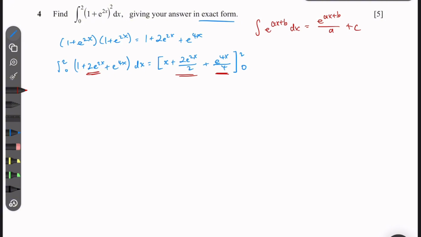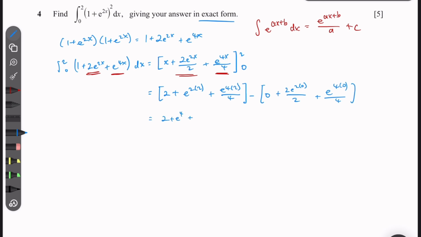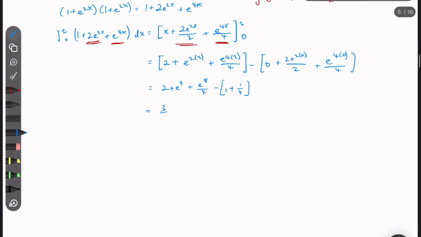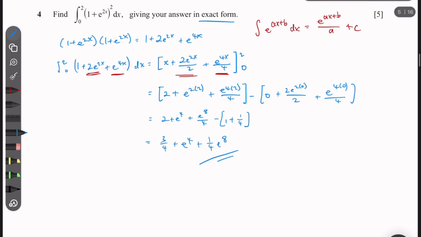The same applies for this and this. Okay, so this should be the exact form.